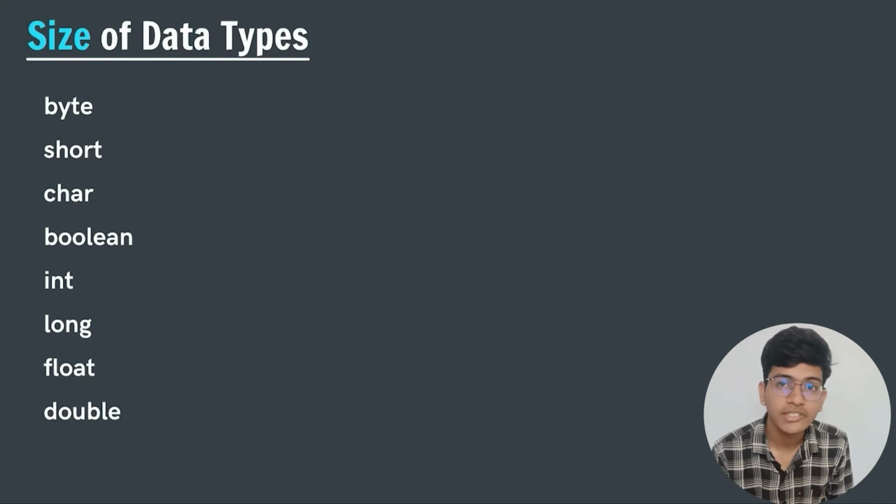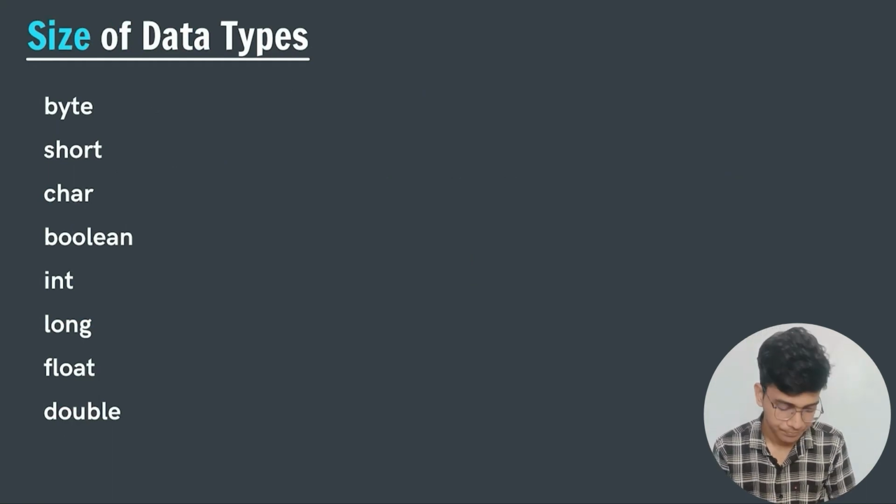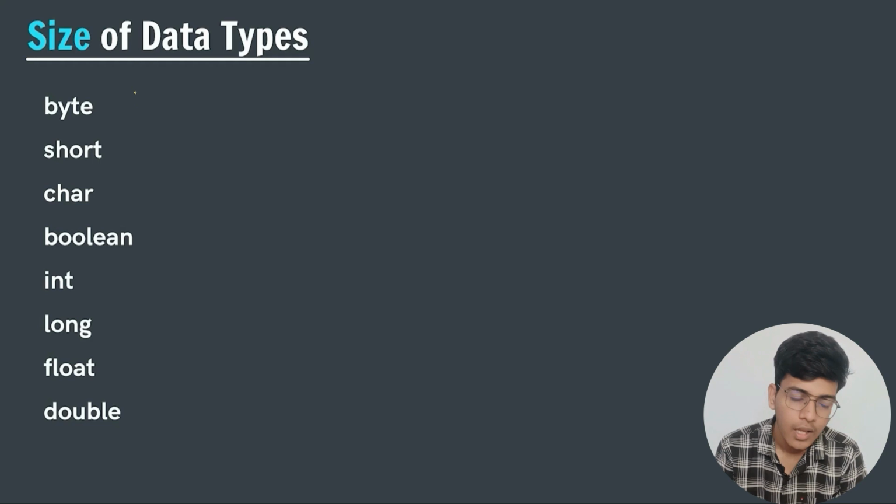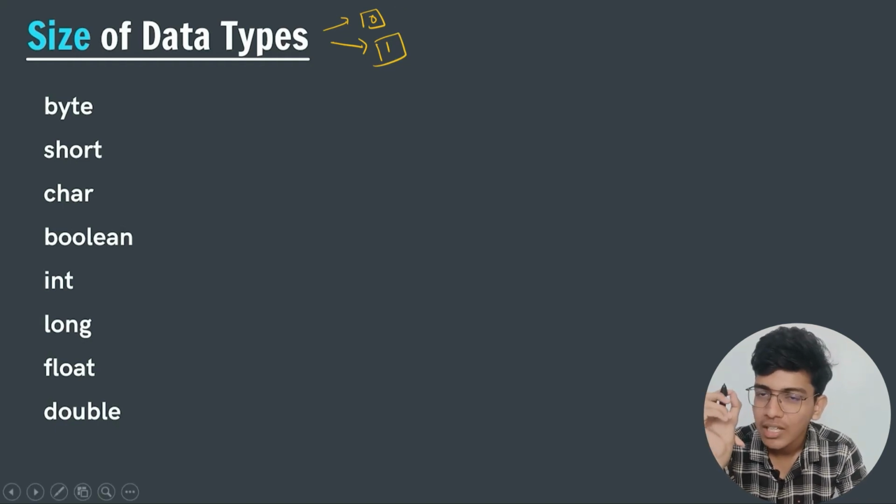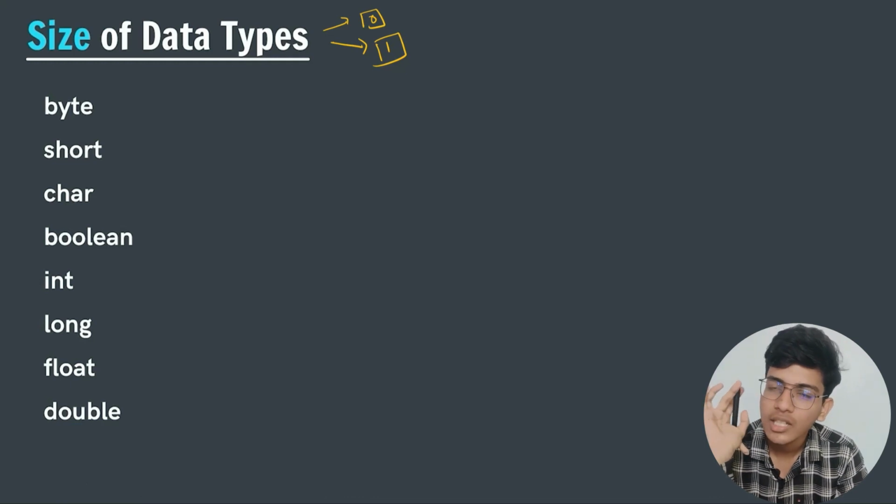Now let us talk about the size of each and every data type. So you have to understand a little bit of binary concept here. The data is stored in the form of zeros and ones. This is known as the binary number system. You can study about the binary number system if you are interested by just googling it. It is a very simple concept.